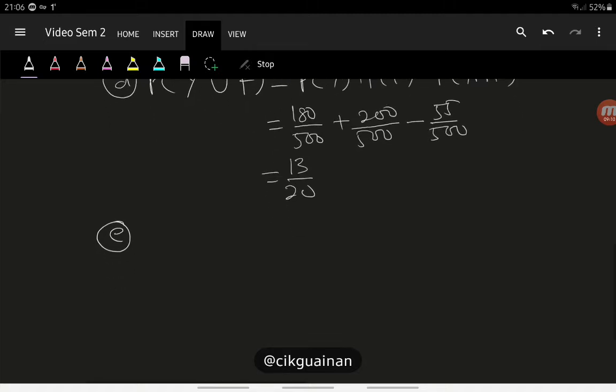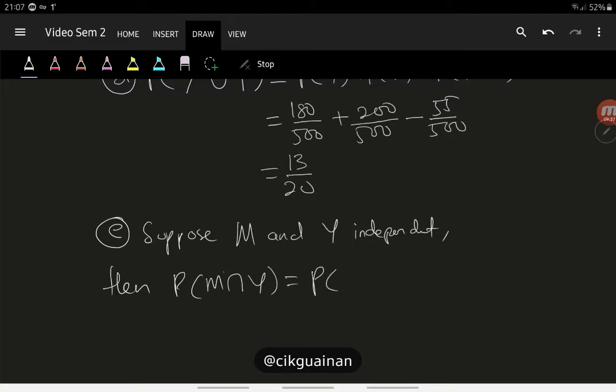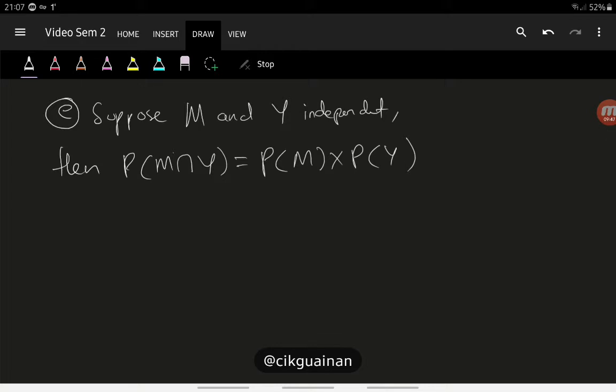So suppose male and in favor are independent, then the probability of M intersect Y will be equal to the probability of M multiplied by the probability of Y. So we have to show the left and right values are equal. If they are equal, then they are independent.